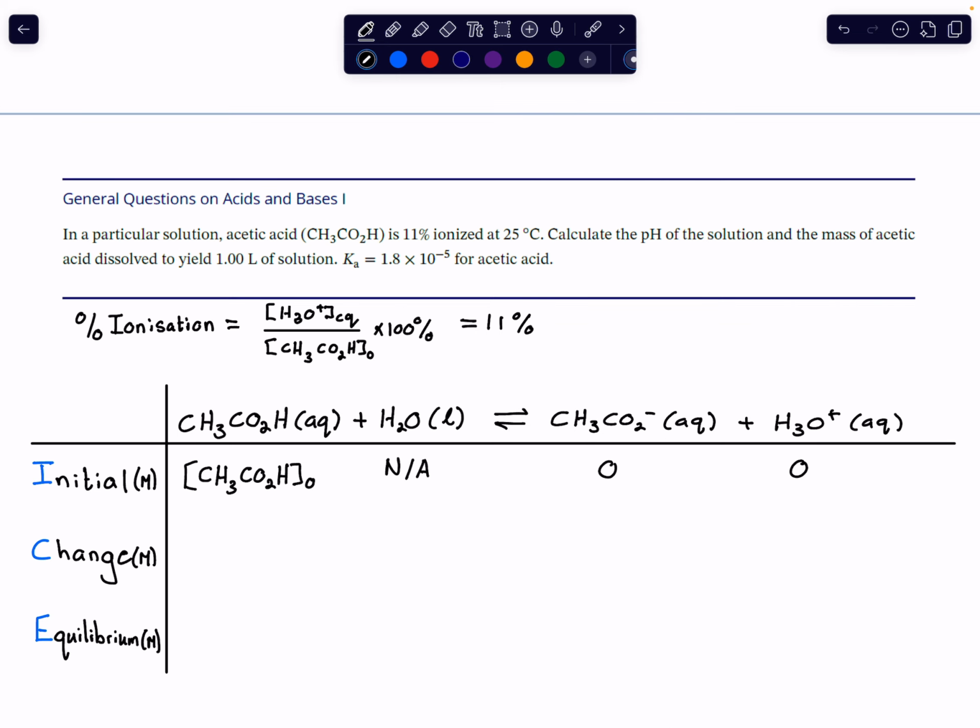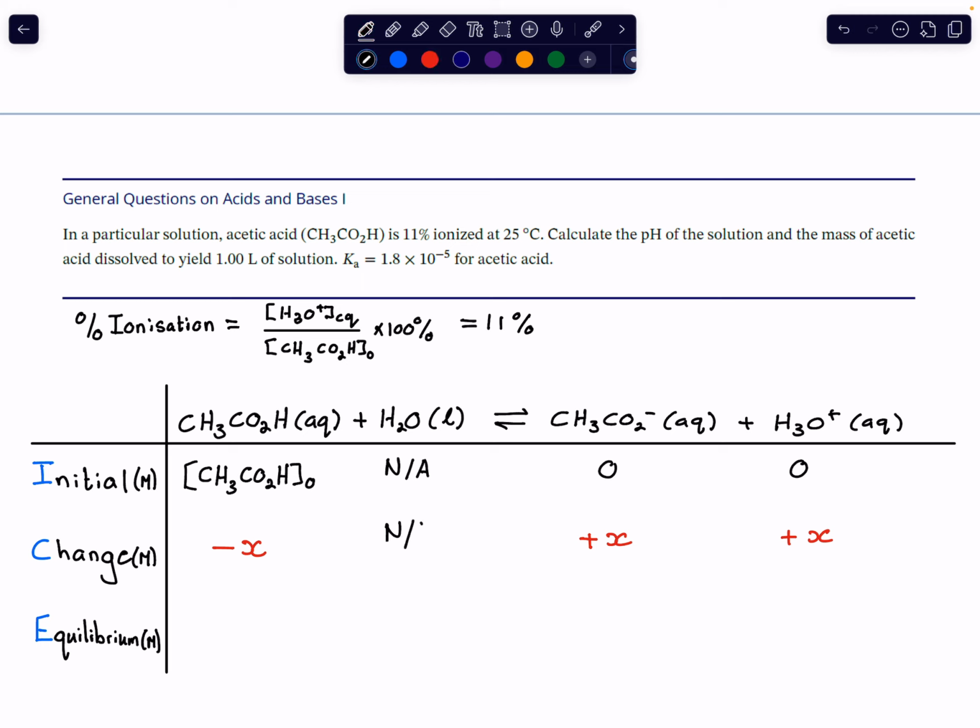The change that you expect, so in other words, how does the system proceed towards equilibrium? Well, you expect your reactants to decrease in concentration and your products to increase in concentration, right? As per the reaction quotient, logical sense, meaning reactants need to decrease in concentration, and hence the forward reaction is favored.